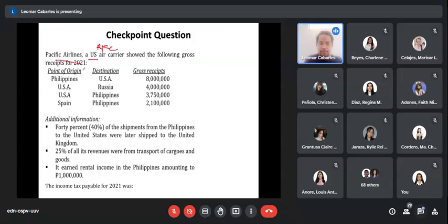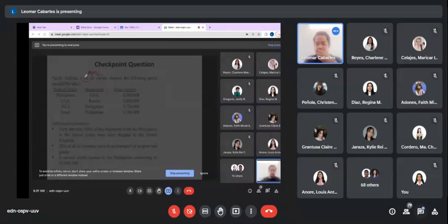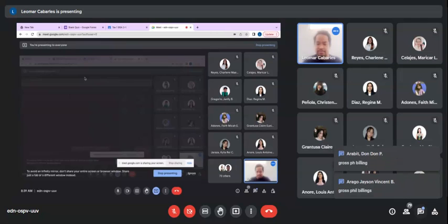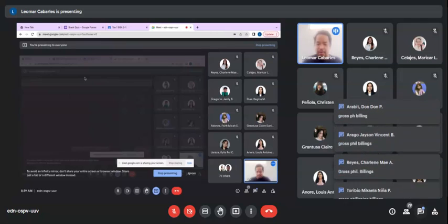Is it the point of origin or the point of destination? Ano ibig sabihin ng GPB? GPB stands for Gross Philippine Billings. Yan, okay?